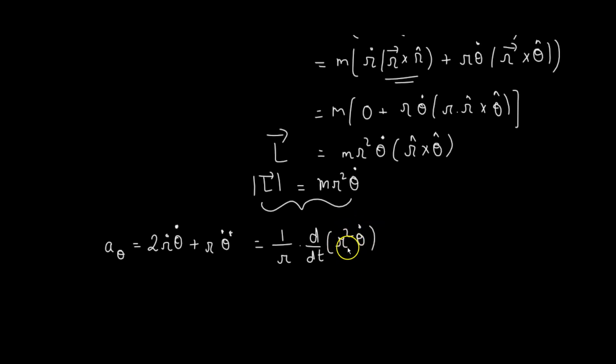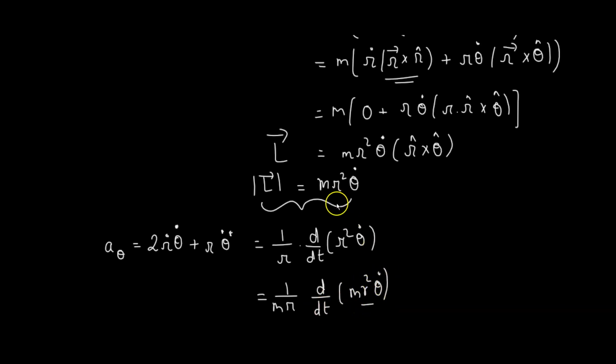If we take the derivative of r square theta dot and divide by r, this gives back 2 r dot theta dot plus r theta double dot. Now we multiply and divide by the constant mass m, so we have 1 over m r times d/dt of m r square theta dot.